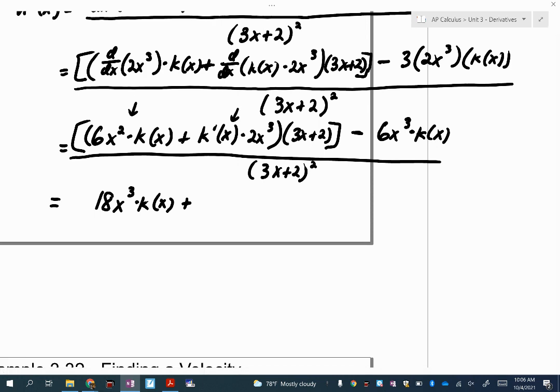Probably to multiply the first term by that one. Okay, so let me start over. So I'm still doing this 6x squared k of x times this 3x. And now I'm going to do that 6x squared times k of x times the 2. So that's going to be plus 12x squared times k of x.